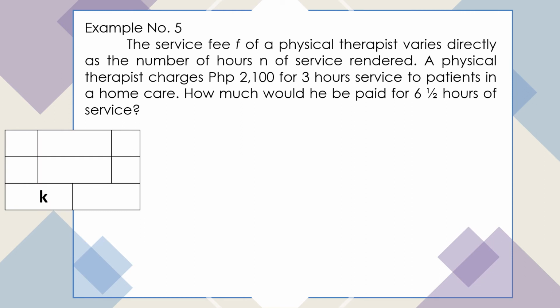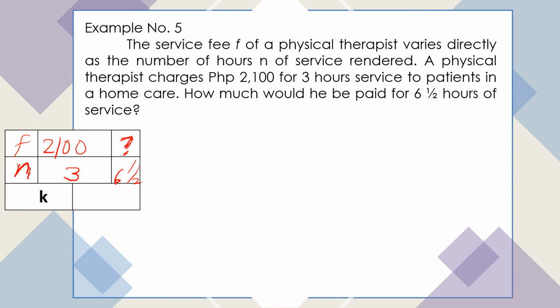Ang given variable natin is F for the service fee at N as the number of hours service rendered. So kapag daw 3 hours, siya ay binabayaran ng 2,100 pesos. So ang tanong, kapag 6.5 hours, magkano yung kanyang bayad? Magkano yung ibabayad sa kanya?